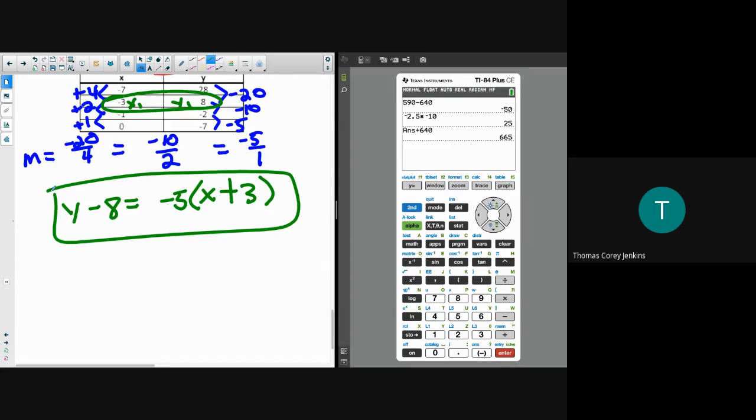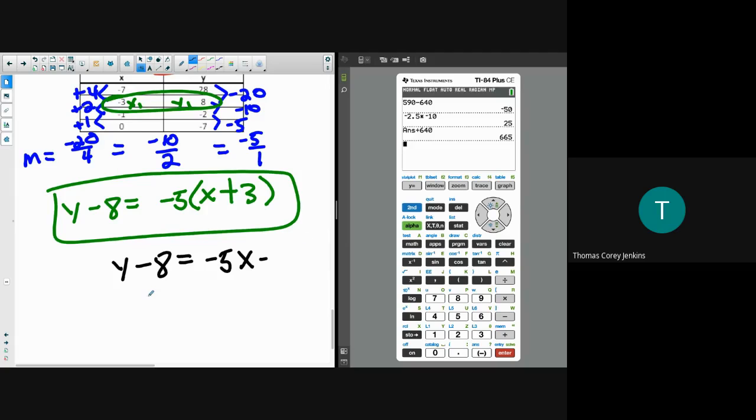We'll solve for y to get our slope intercept equation, which we know a lot better. So y minus 8 equals, now we distribute the negative 5, so negative 5x minus 15.